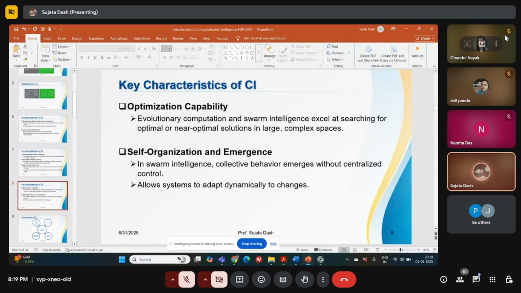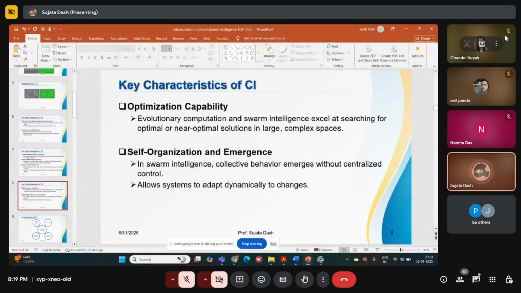Similarly, ants building colonies and fish swimming in schools. This happens through self-organization. Each individual follows simple rules, and from this, complex intelligent patterns emerge.